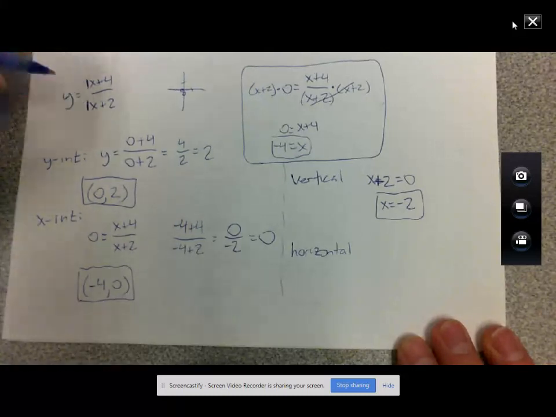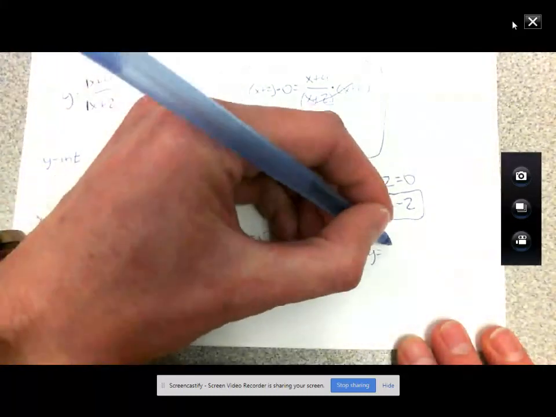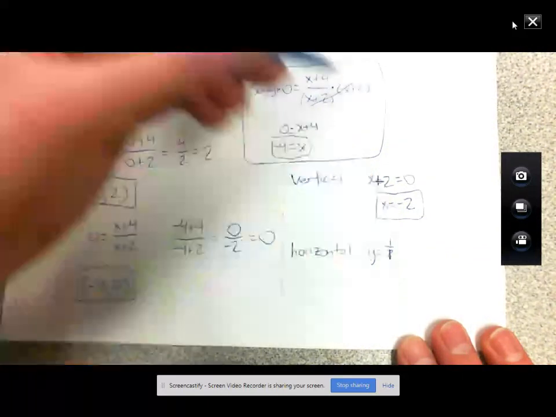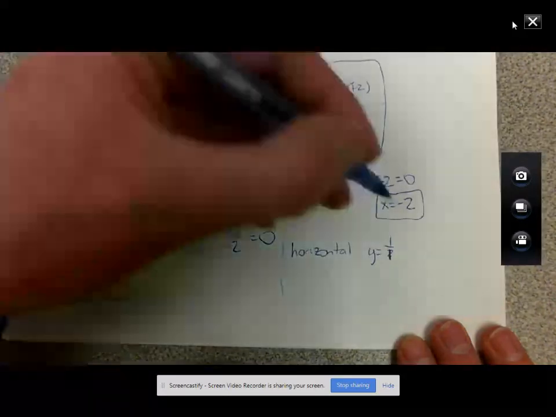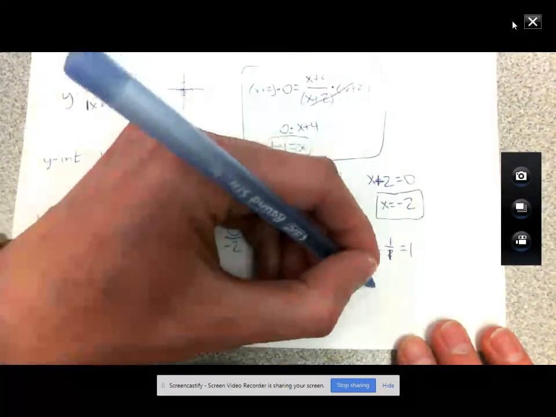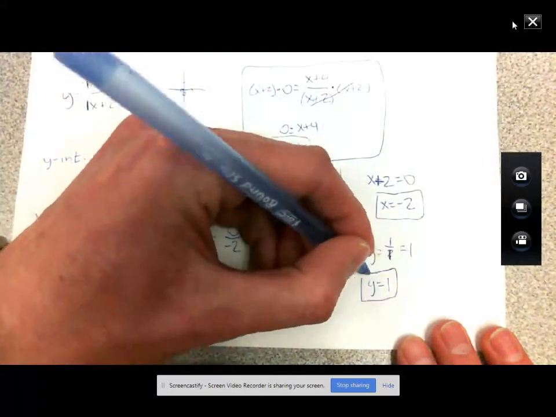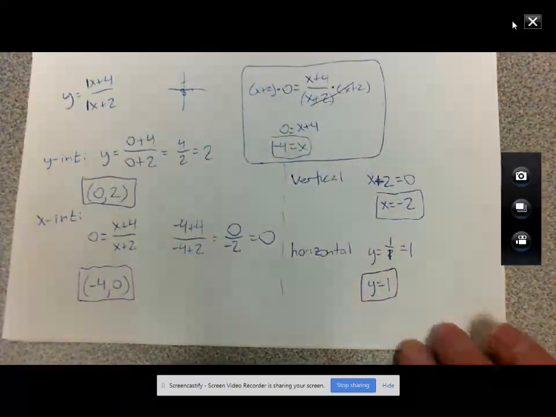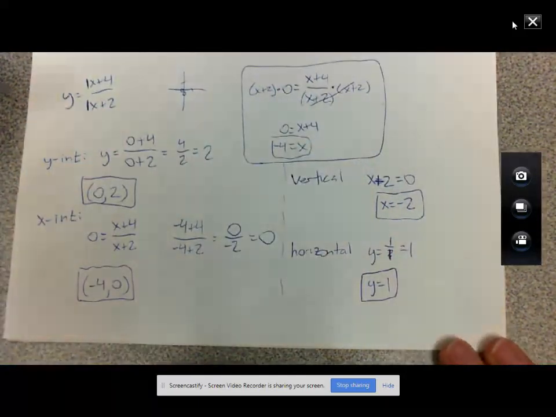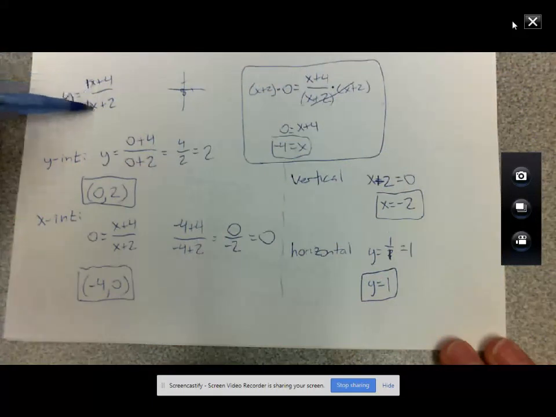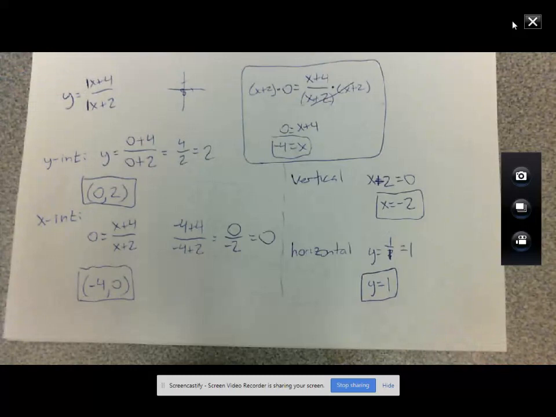So y equals 1 over 1, which is just 1. So the horizontal asymptote in this case would be y equals 1. If the degree of the numerator is less than the degree of the denominator, the horizontal asymptote would be y equals 0, which is the x-axis. And that's how we get the answer for that one.